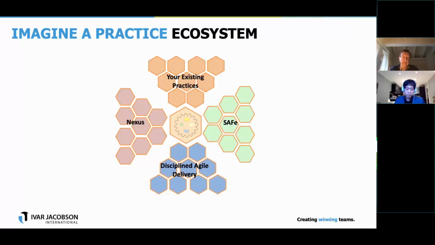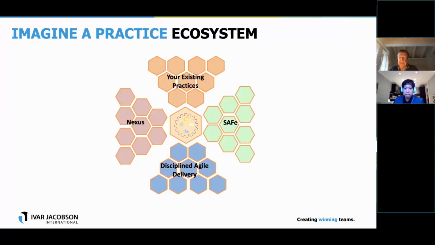You can also have, for instance, SAFe. Actually, we have done the job to essentialize SAFe once, but we have not published it. It's not a big deal. It's much smaller than SAFe is as it is today. Disciplined Agile Delivery already has a lot of practices.